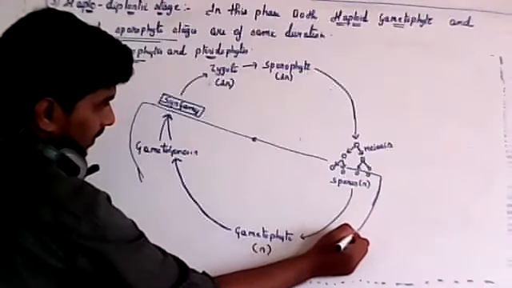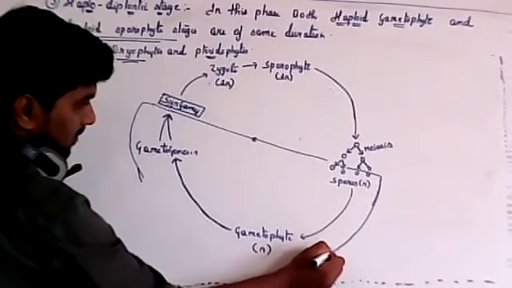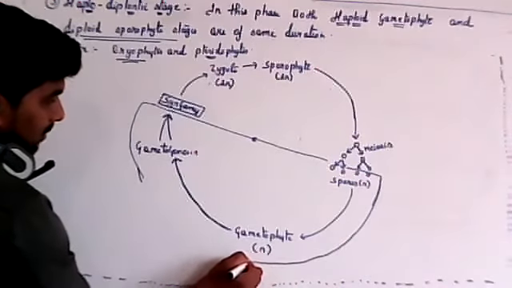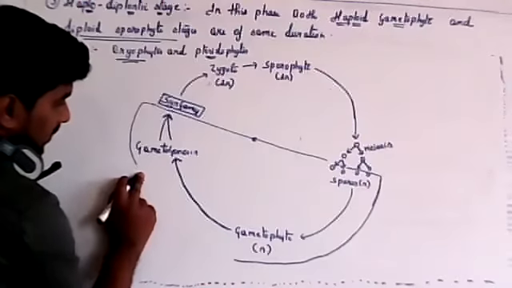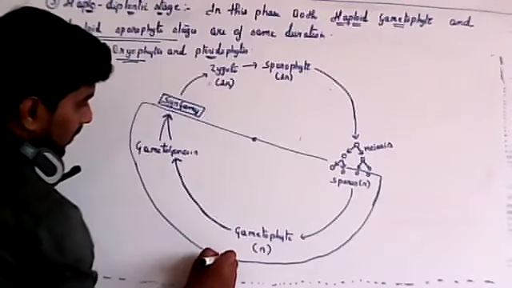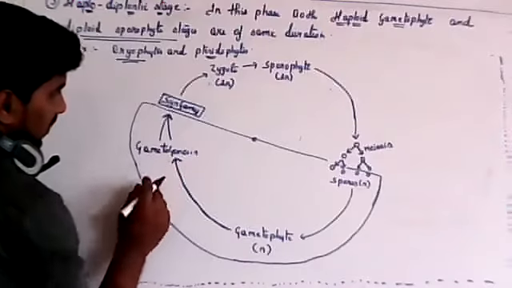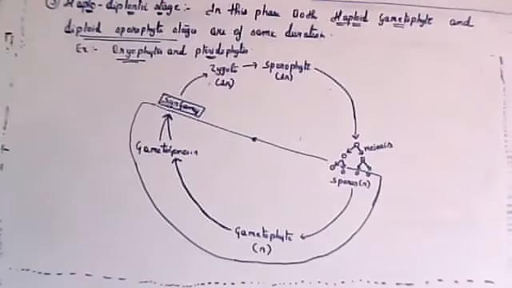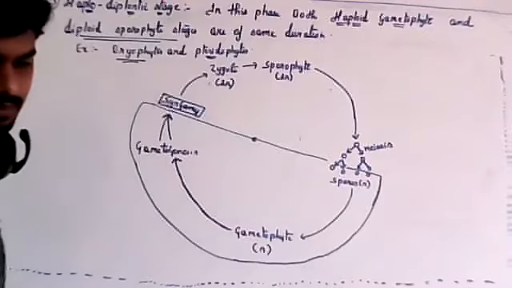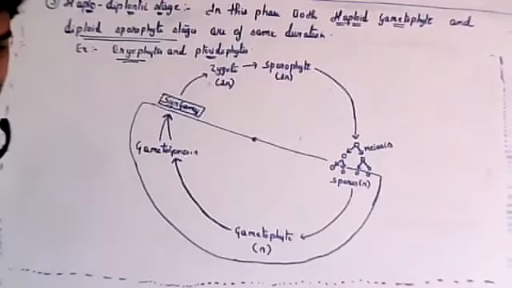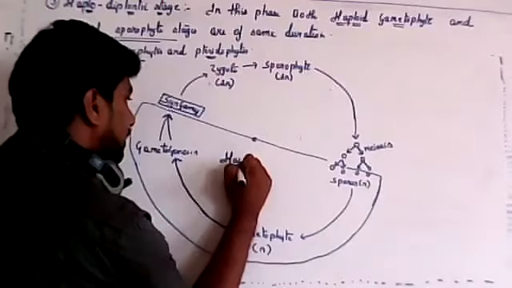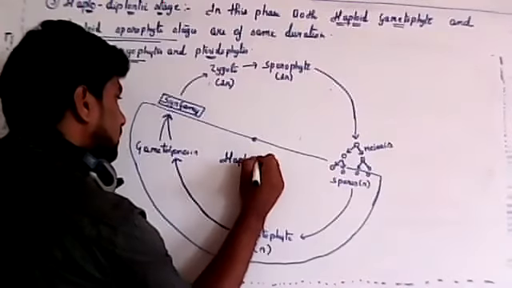The protonema will develop a small leaf-like structure that will grow into a plant. That is called the gametophyte. On that plant the sex organs will be developed, antheridium and archegonium, which produce sperm and egg. This is the haploid stage.